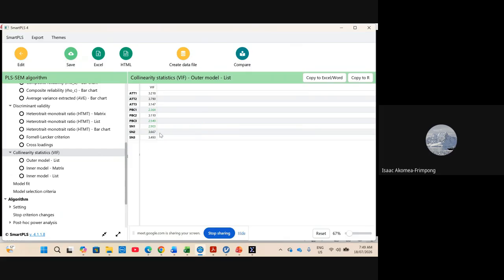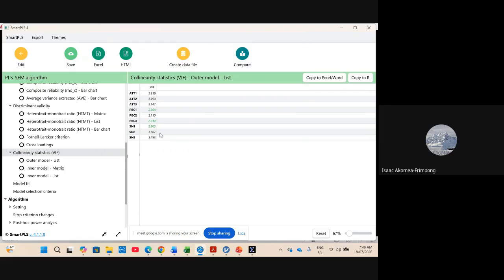So here it seems I have issues. Some of my indicators have issues, and I need to check them. But if they are not too extreme, because sometimes you see some of these VIFs are 5 point something, 7 point something, but if they are somehow close to 3 or 3.3, you can accept them and give a reason why.